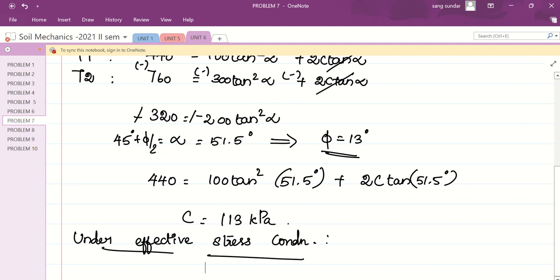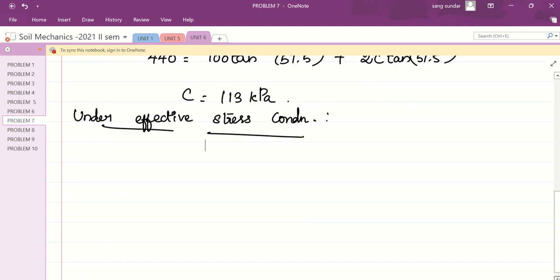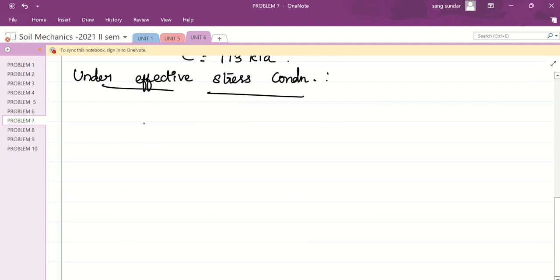So if you write the equation, you will get 420 kPa is equal to 120 tan square alpha for test 1, plus 2c tan alpha.